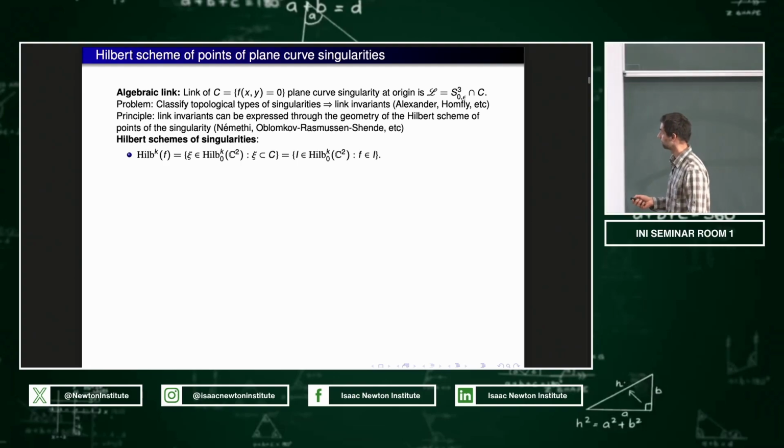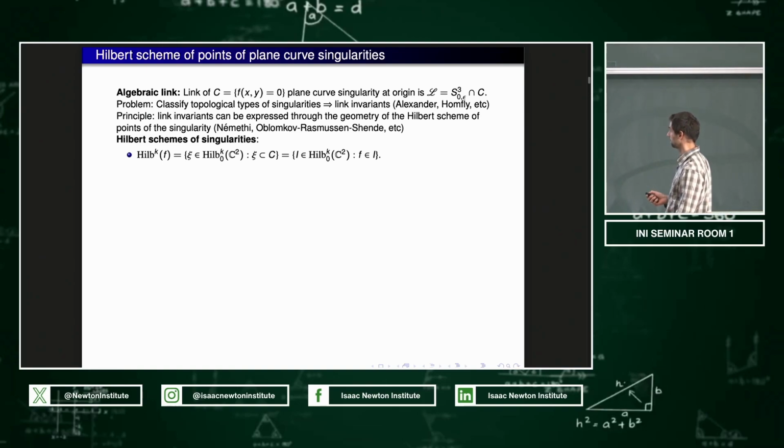You have the Hilbert scheme of k points on this plane curve singularity f. This is basically the set of points on the Hilbert scheme of C^2, the ambient C^2, which sit in this curve. Or in other words, those ideals supported at the origin, so that f sits in the ideal.